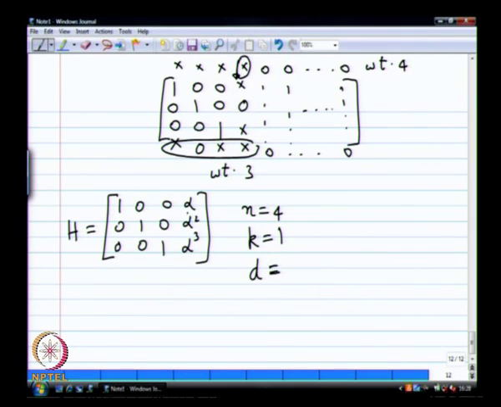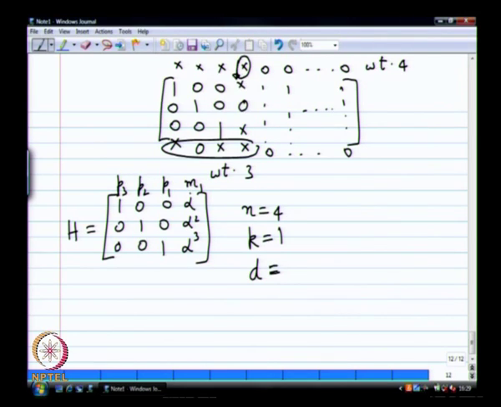Remember, this is a parity check matrix. What is my message symbol? There is only one message symbol, and then I have 3 parity symbols.